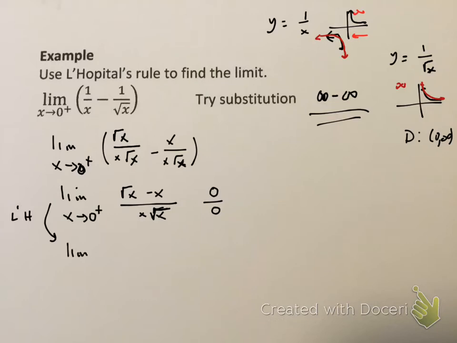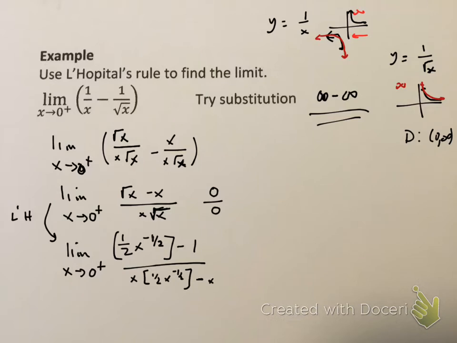So when I apply L'Hopital's rule, I'll have a 1/2 x to the negative 1/2 for the first one, minus a 1, over, and I get to do the product rule for this denominator: x times a 1/2 x to the negative 1/2, plus the x to the 1/2 times a 1.